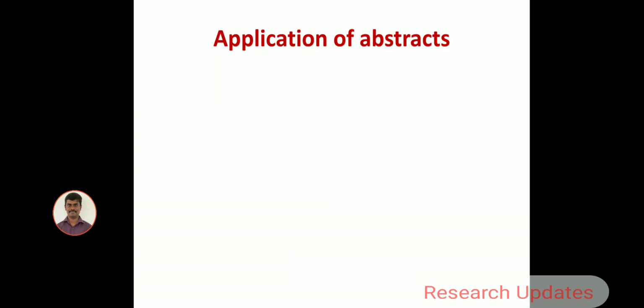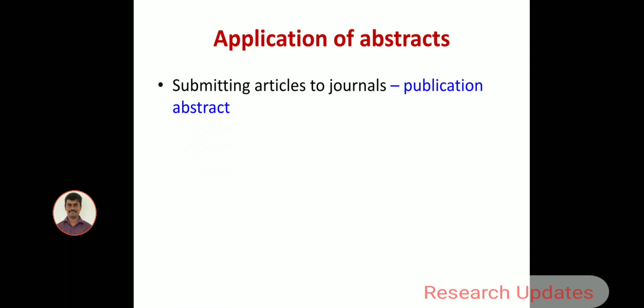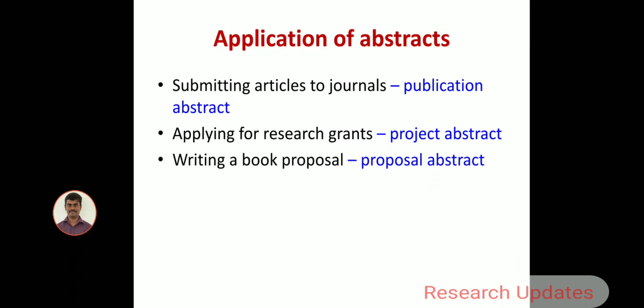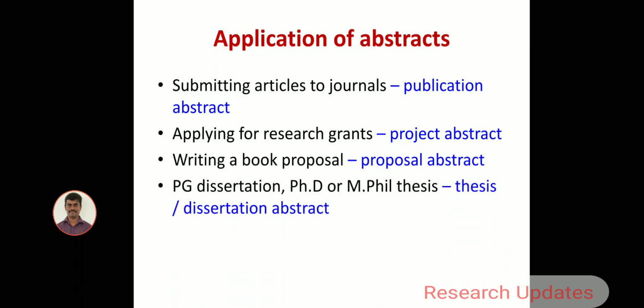And now let us see what all the applications of abstract are. Submitting articles to journals, we usually write a publication abstract. Applying for research grants, we will be writing a project abstract. When you write a book and give a proposal, we usually send the publishers a book proposal abstract.